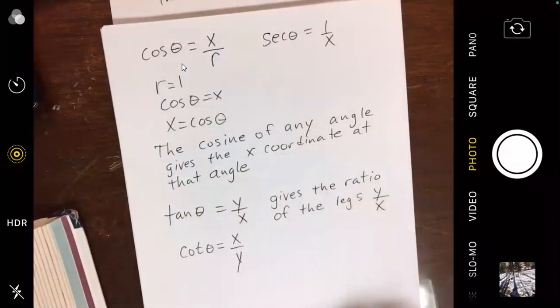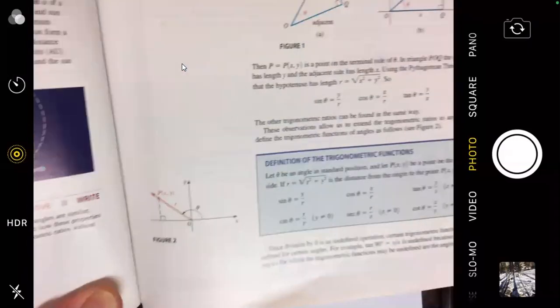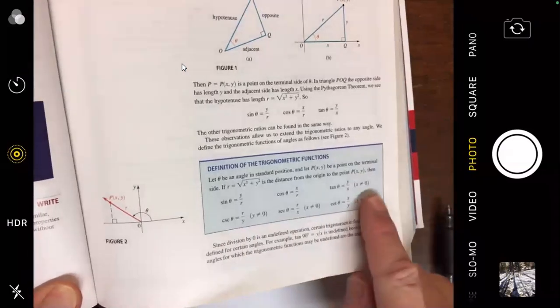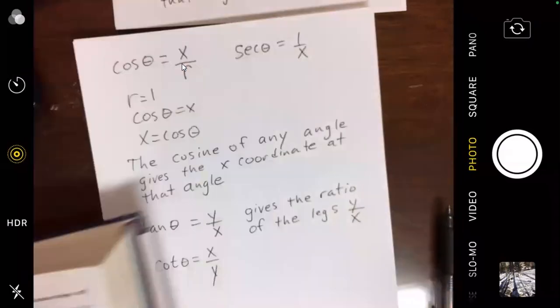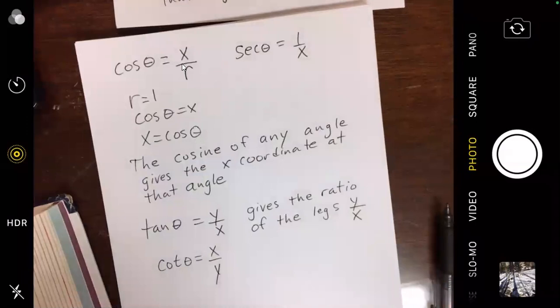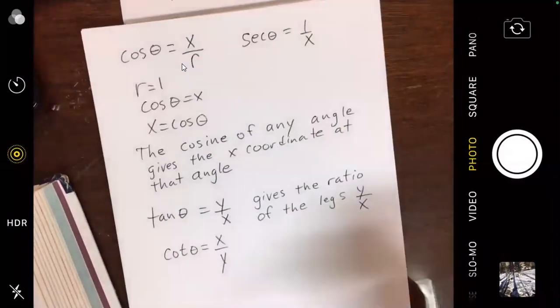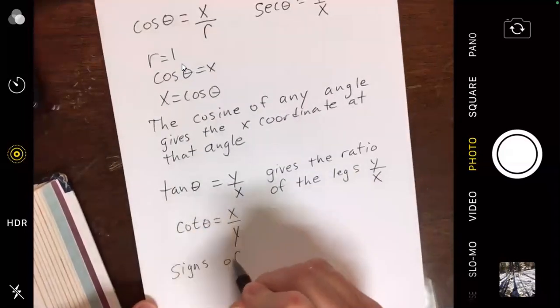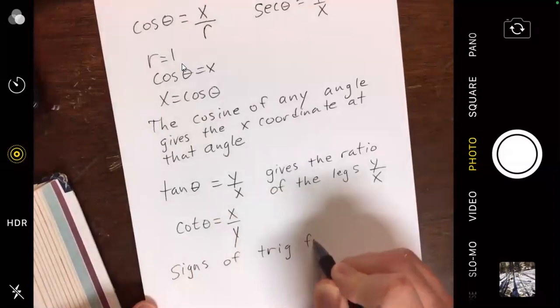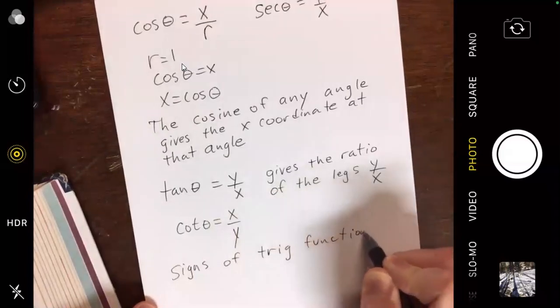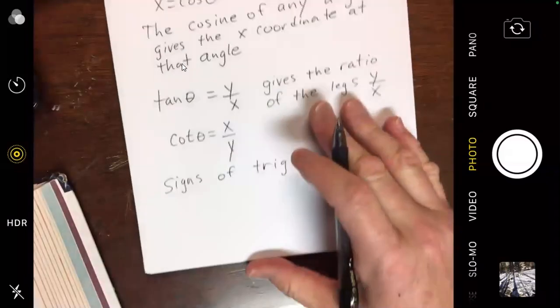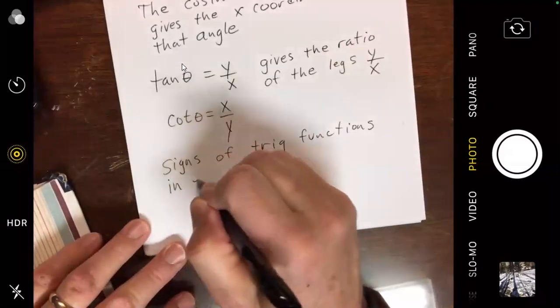Okay, and that is what they're showing you on these diagrams or formulas. Okay, then they talk about signs of trig functions in each quadrant.